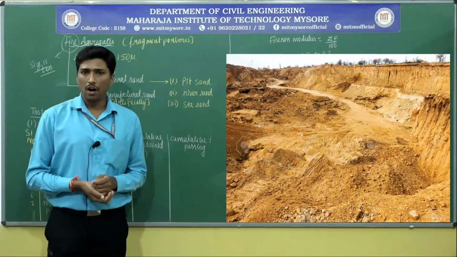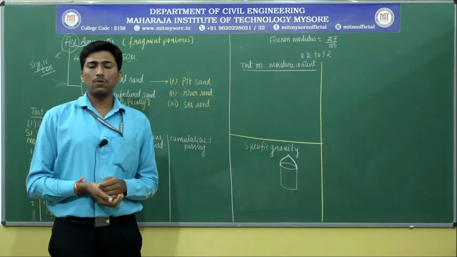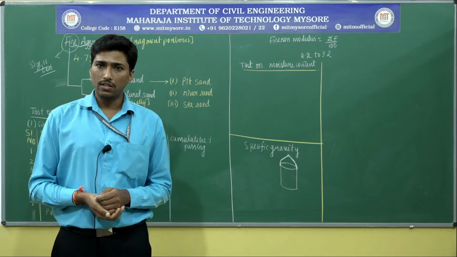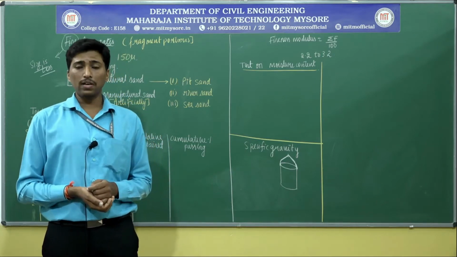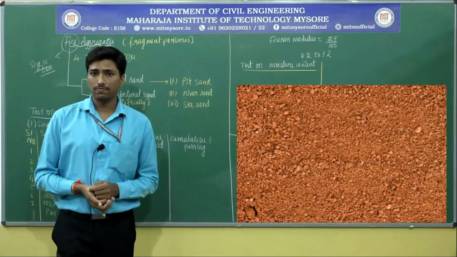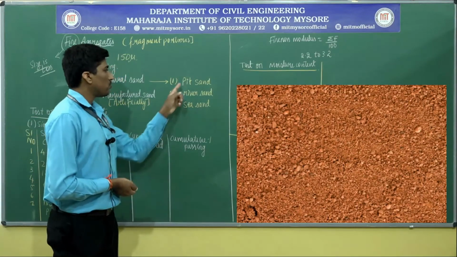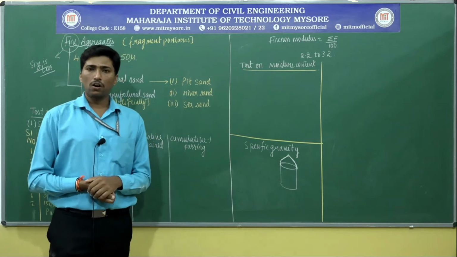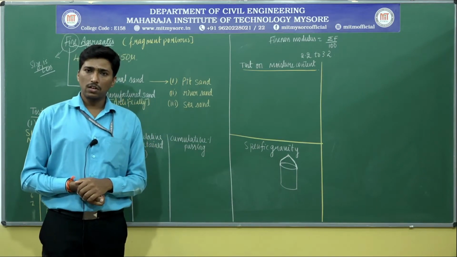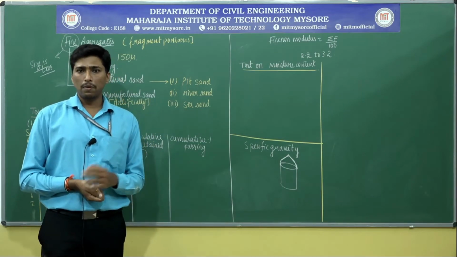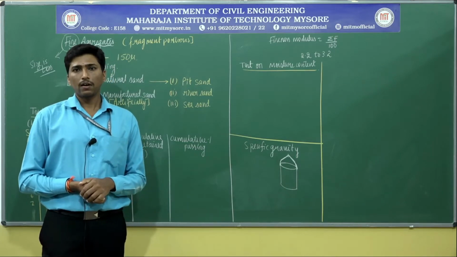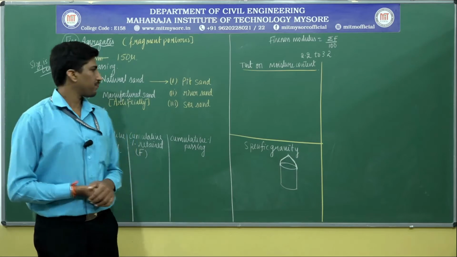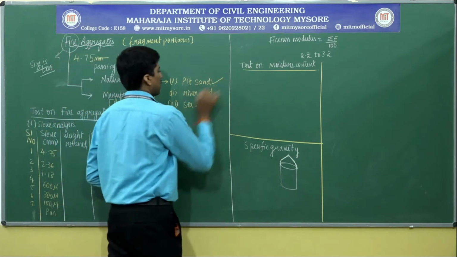That kind of sand is free from salt impurities, and it should also be free from clay contents. Finally, it is utilized for all sorts of commercial, industrial or residential building construction purposes.